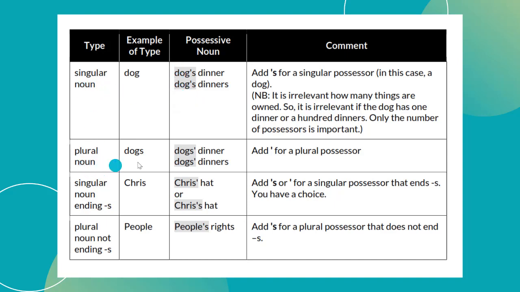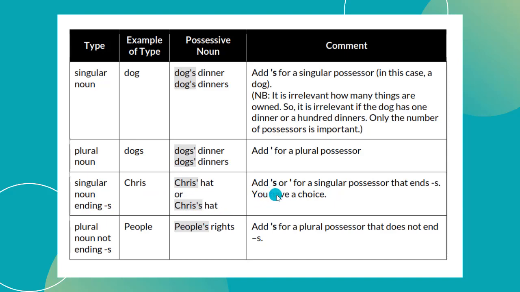But what if the dogs are plural? So add an apostrophe for a plural possessor. So the dogs' and then the apostrophe. This is also the same with names that end in s. So for example, a singular noun ending in s: Chris' hat or Chris's hat.